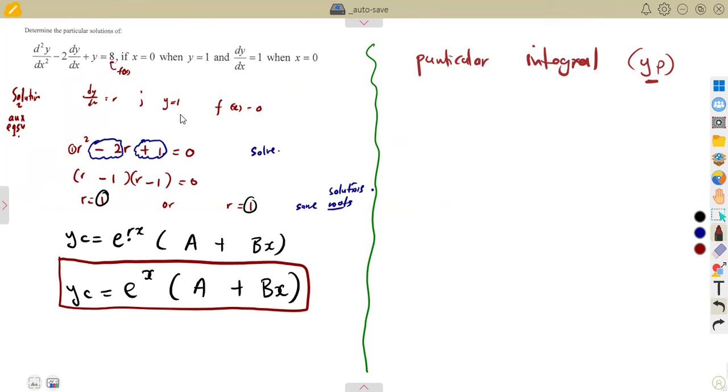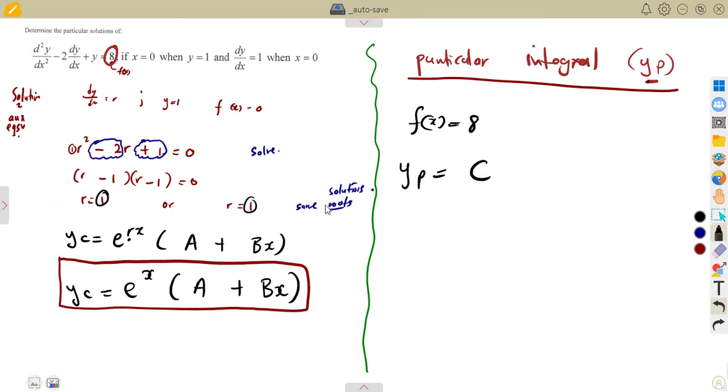Where is our f of x? Our f of x is a constant, which is 8. So given that our f of x is a constant, which is 8, what about yp? So it's just going to be equal to c.